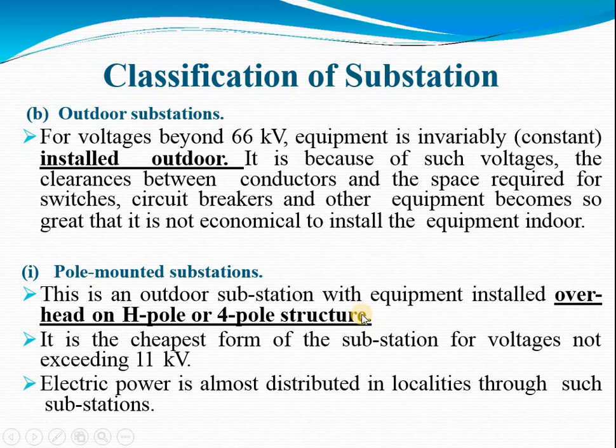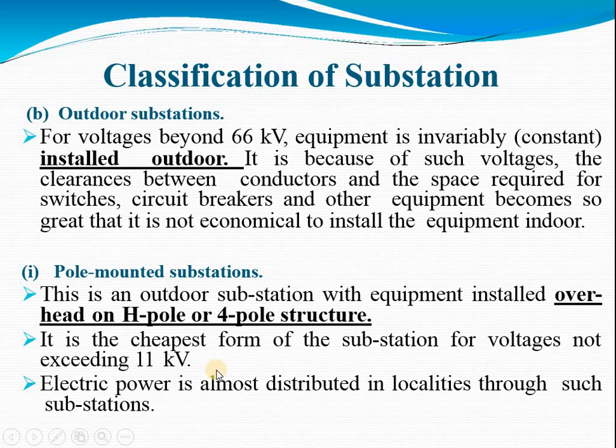Might be at the end of your colony or at the starting of your colony, this H-pole, like the H alphabet structure, and on that H structure or 4-pole structure, the distribution transformer is mounted. It is the cheapest form of substation for voltages not exceeding 11 kilovolt.